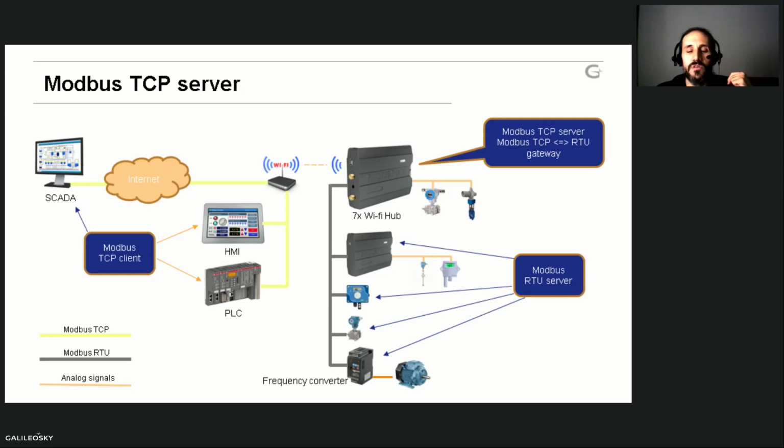And you get the data directly from RTU and show it in a system like SCADA, or HMI, which connects to the IP network, or PLC, which is connected to the IP network too. And then they will ask and can get information from the RTU bus on the other side.